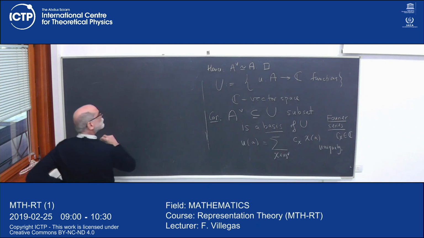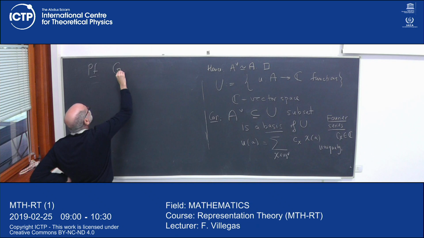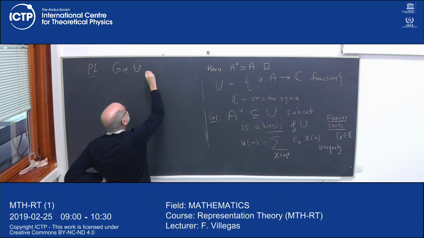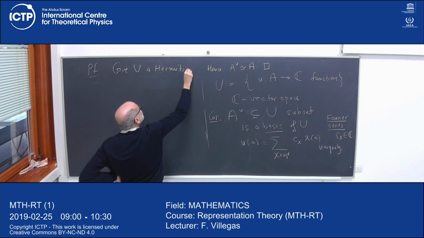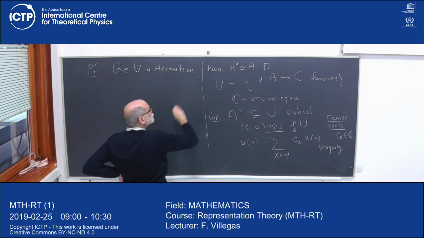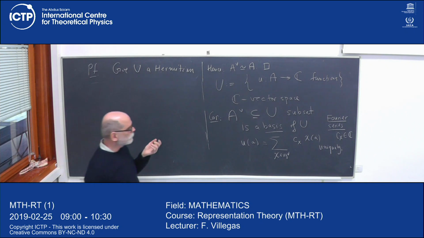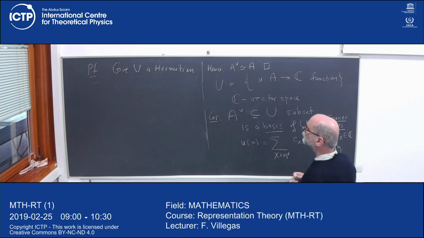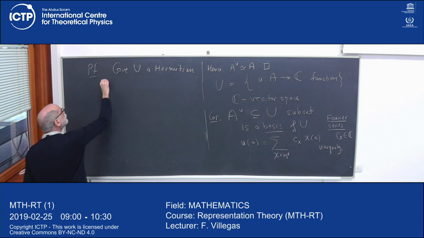And let's see. Let's do this. To prove this, we can give U a Hermitian product. So we're dealing with complex numbers, so we're going to be doing this often. When we talk about inner products, we'll think of complex, so I'll call them a Hermitian inner product.